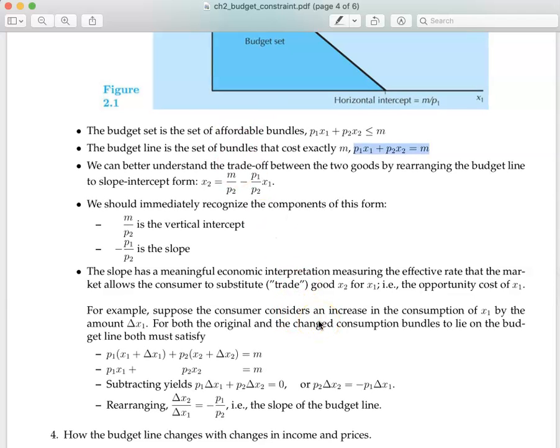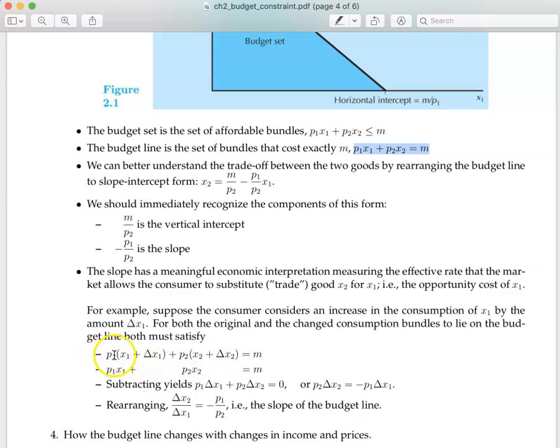So another way to think about this is in the following little algebraic way of deriving that. You could think of what would happen if we took this budget line and said, okay, this person is going to increase consumption of X1 by delta X1. And obviously, with fixed income M, they're going to decrease the consumption of X2 by delta X2, right?